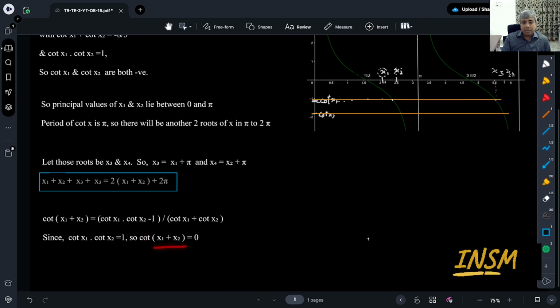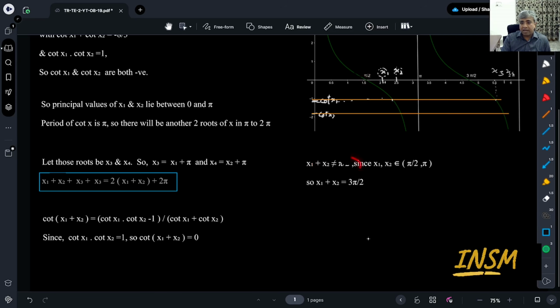Now this is another trap: most students would put x1 plus x2 as pi by 2 because cot x becomes 0 at pi by 2. But we should observe here that both x1 and x2 are more than pi by 2. So x1 plus x2 cannot be pi by 2.